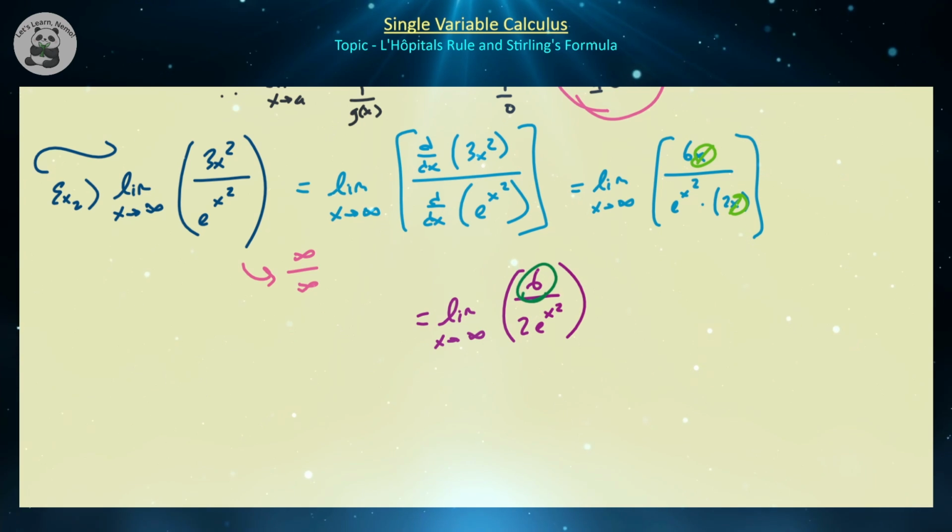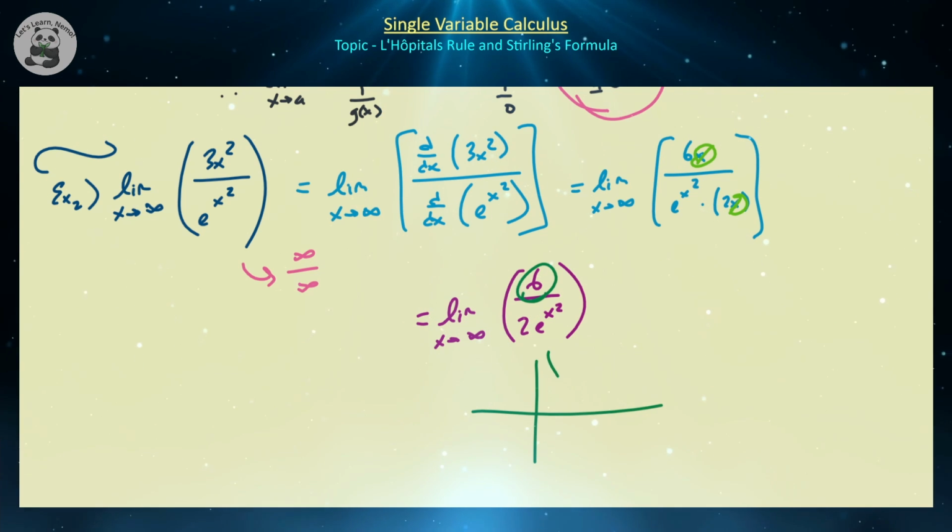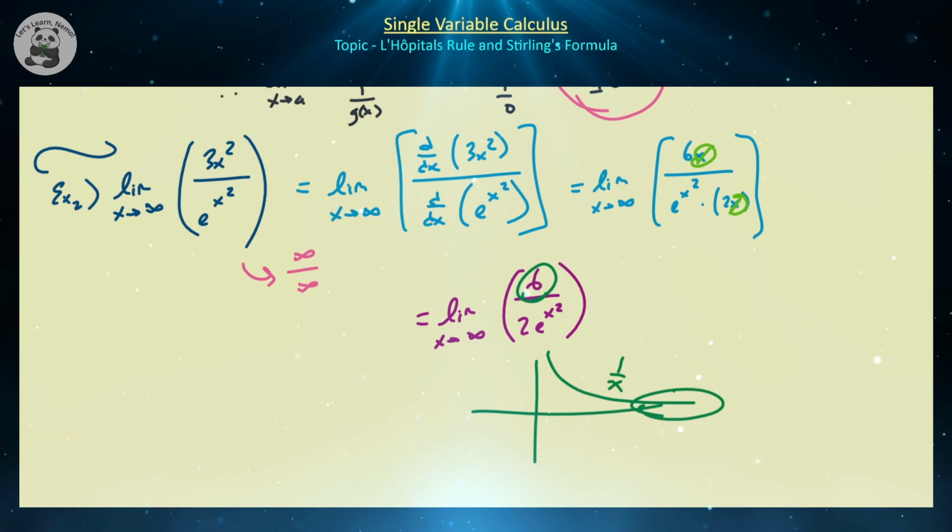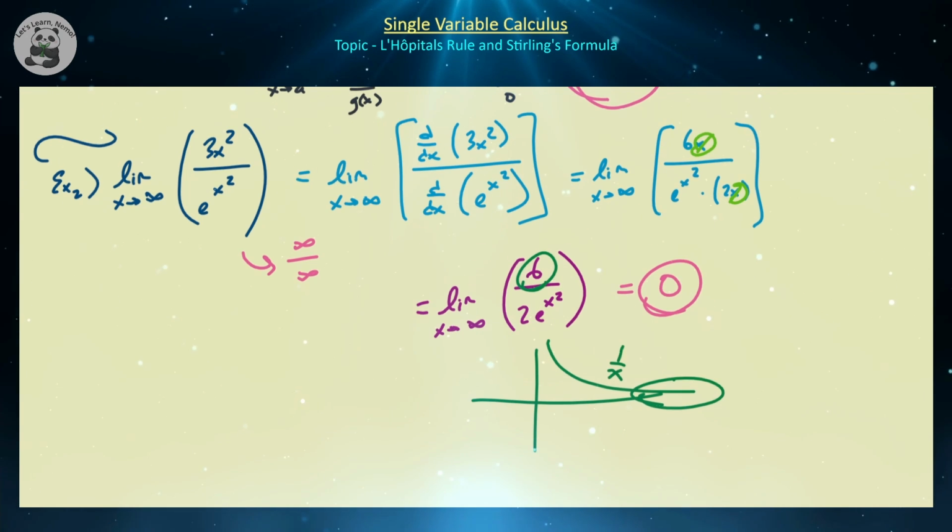So in some sense, this function looks similar to the 1 over x function, right? The top stays constant and the bottom just grows and grows and grows, and we know that that goes to 0, and then one can argue similarly that this is also going to be 0 as well, right? So there's two different cases where you can use L'Hopital's rule.